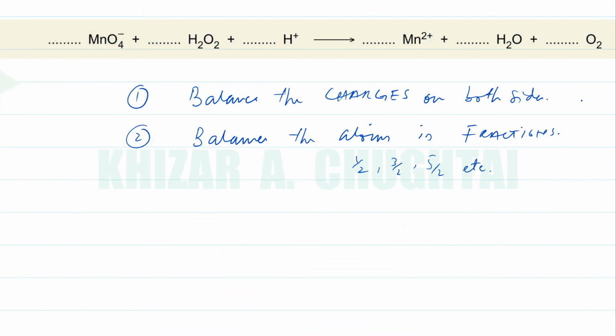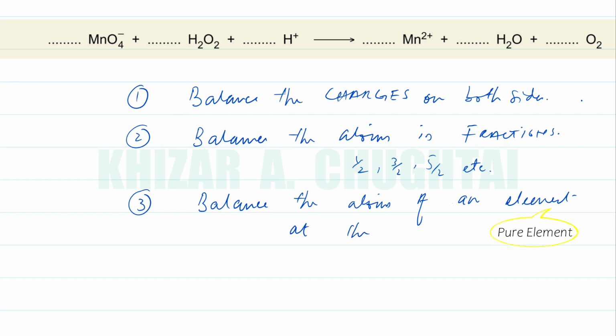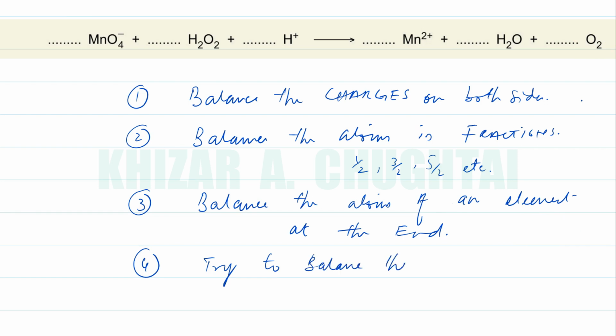Number 3, balance the atoms of an element, if it is present in the equation, at the end. Number 4, try to balance the atoms that are in fewer compounds.